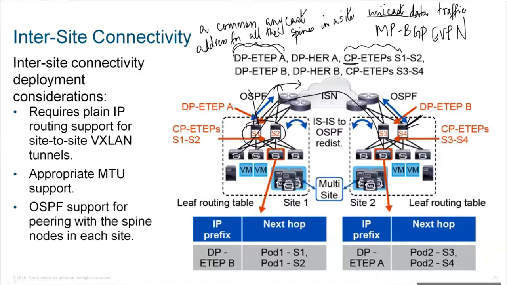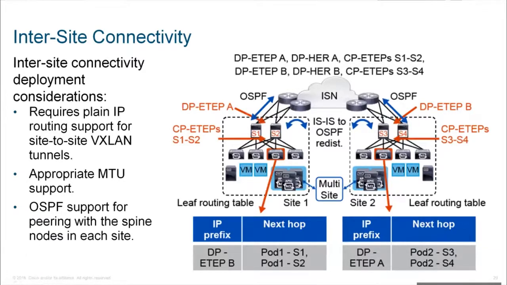Okay. Now, the other value we see is for data plane. DP means data plane. Head-end replication.